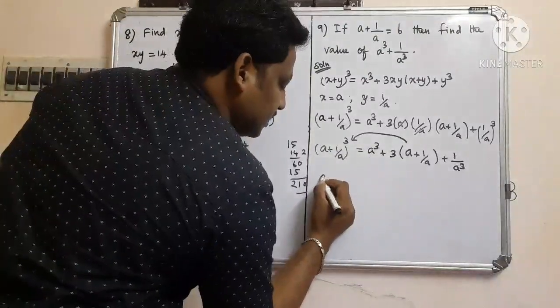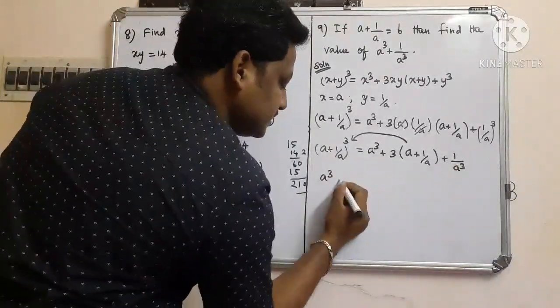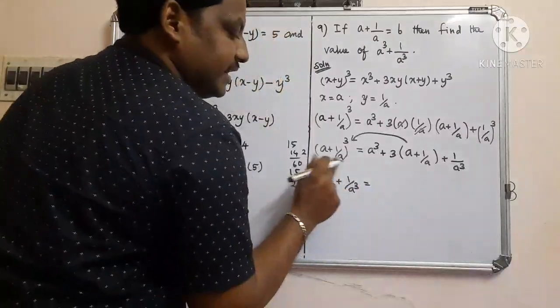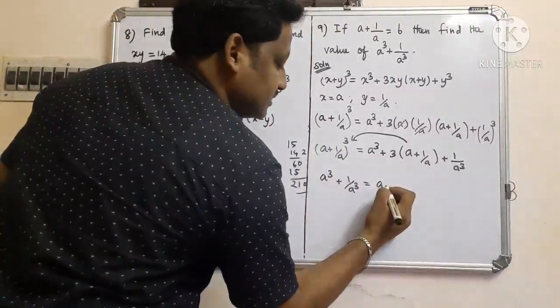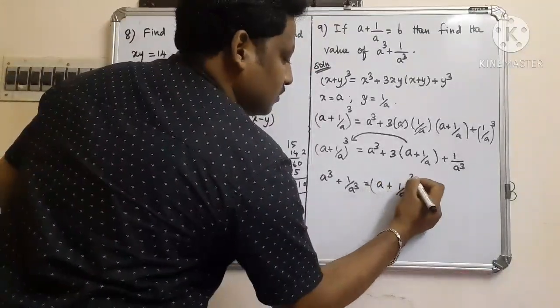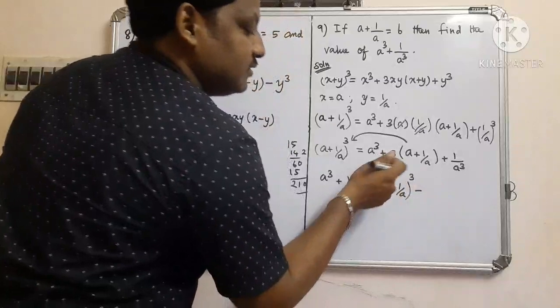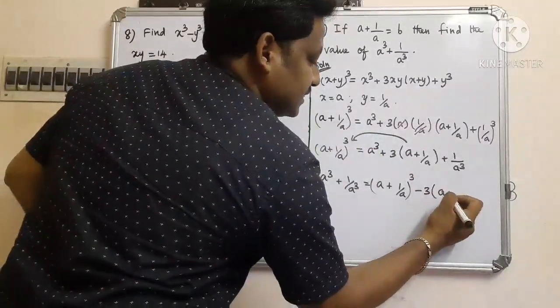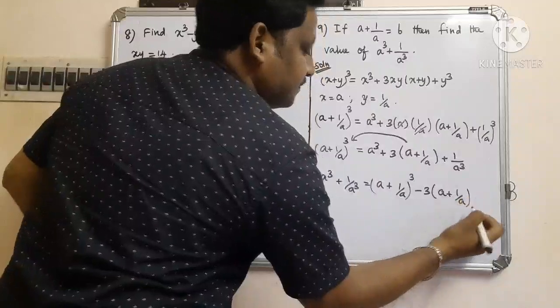So already a cube plus 1 by a cube is there, which is equal to a plus 1 by a the whole cube value, minus 3 into a plus 1 by a.